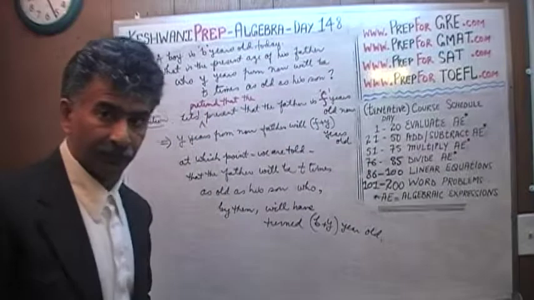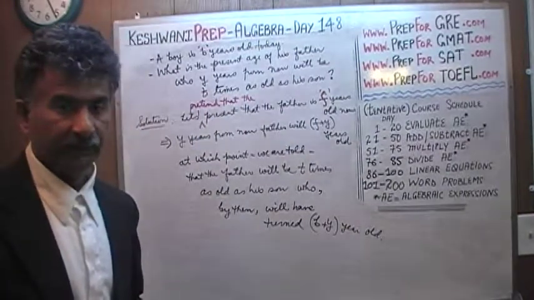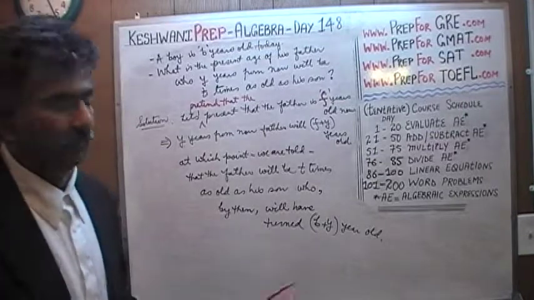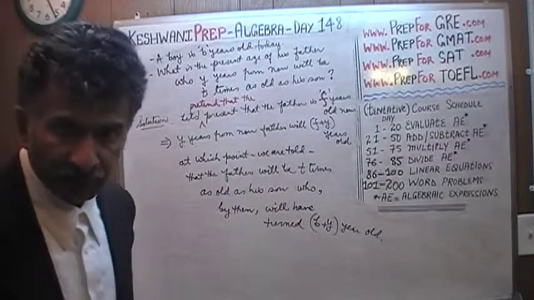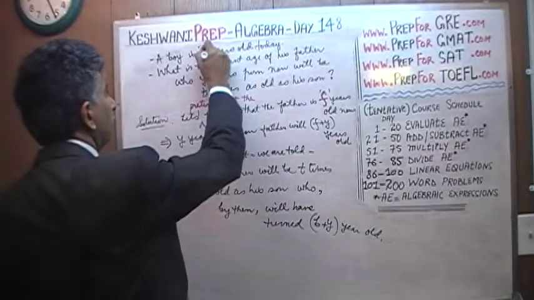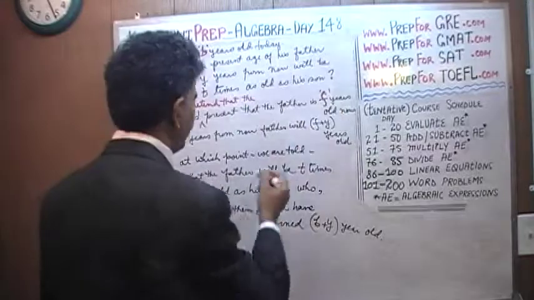F is our invention. F is our creation. It is not the variable that appears in the problem. Why F? F for father is simple to remember. F represents father's age right now. B represents boy's age today. Boy is B years old today. Father is F years old today.